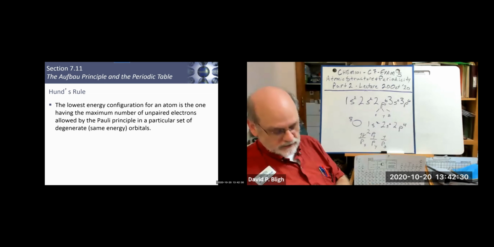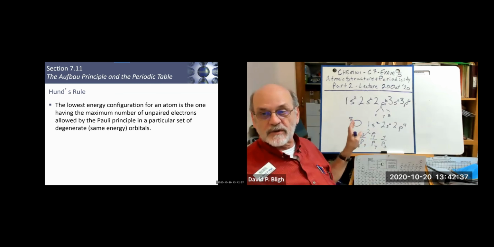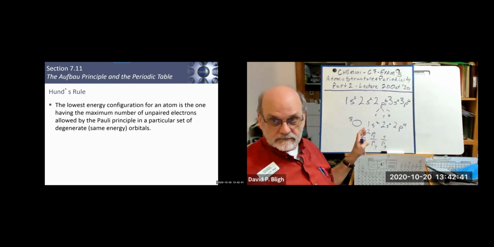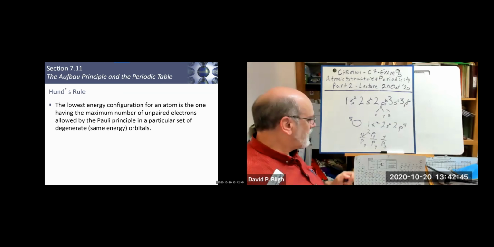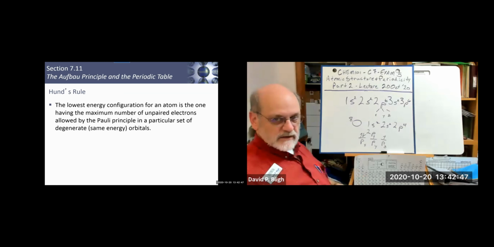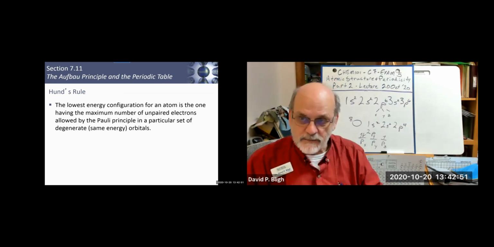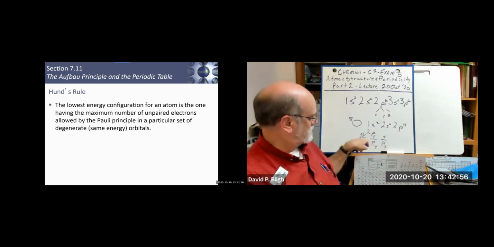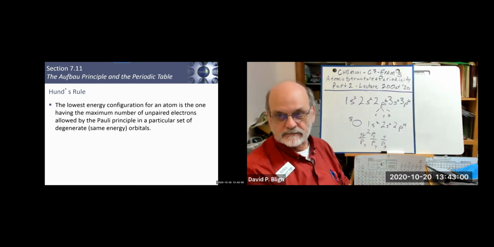Now, why is that important? It's important because knowing this helps explain some of the physical and chemical characteristics of oxygen. We haven't talked about them yet, but we will. So that's Hund's rule. You can't pair up electrons within a subshell until you have at least 1 electron in each of the subshells.